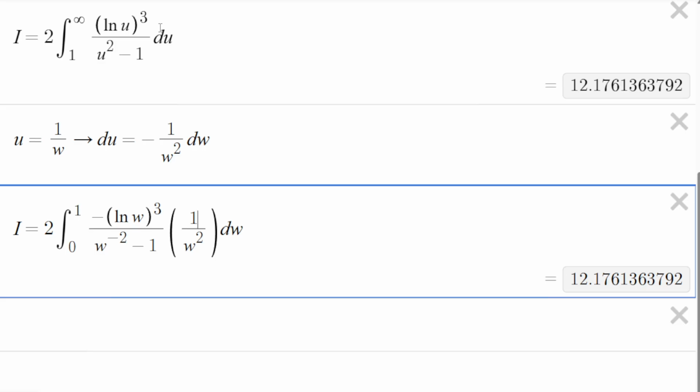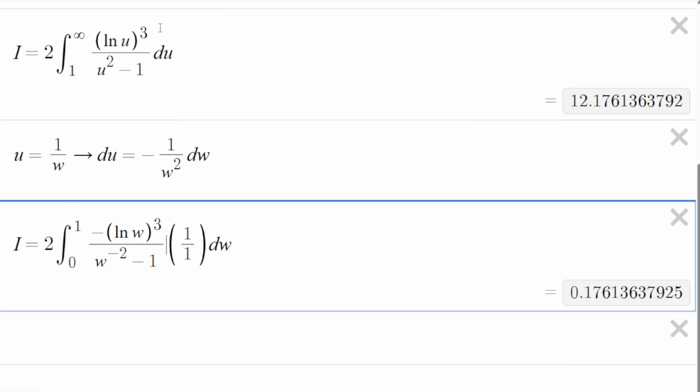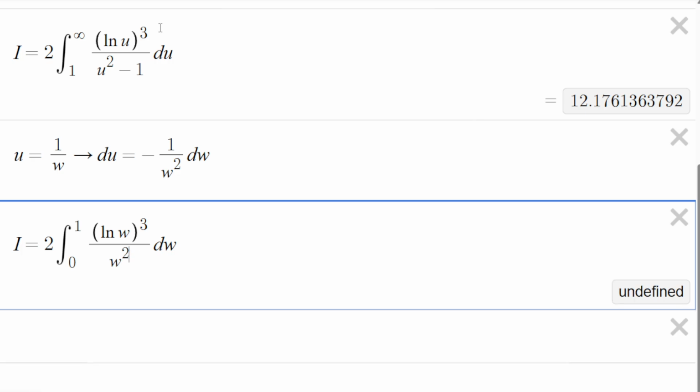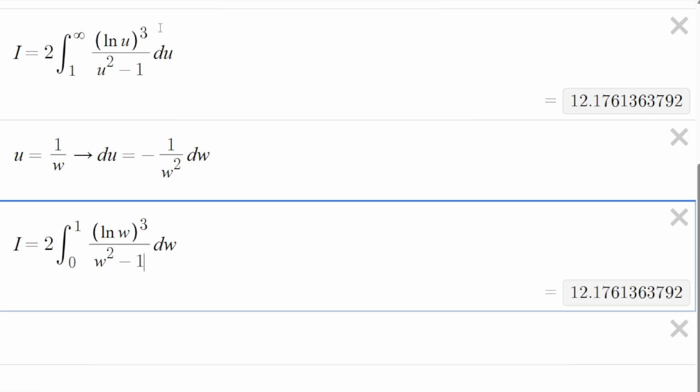This w squared will distribute inside the denominator. This simplifies to 1. This goes away. And let's use this negative sign to switch this to w squared minus 1. I hope you followed that.